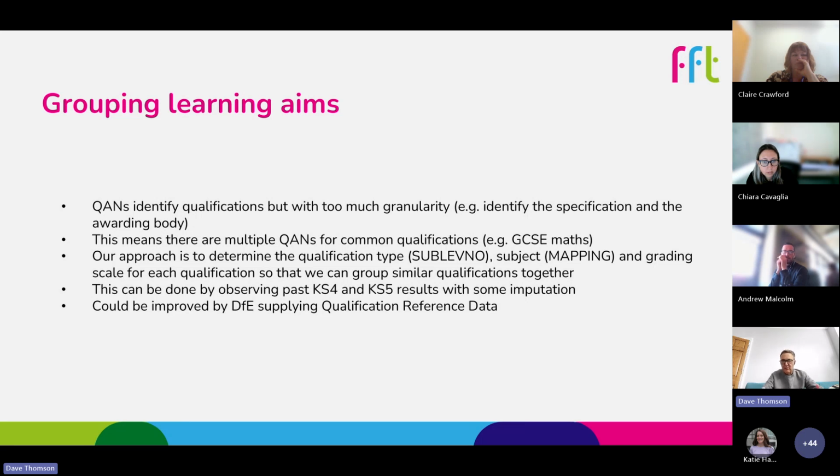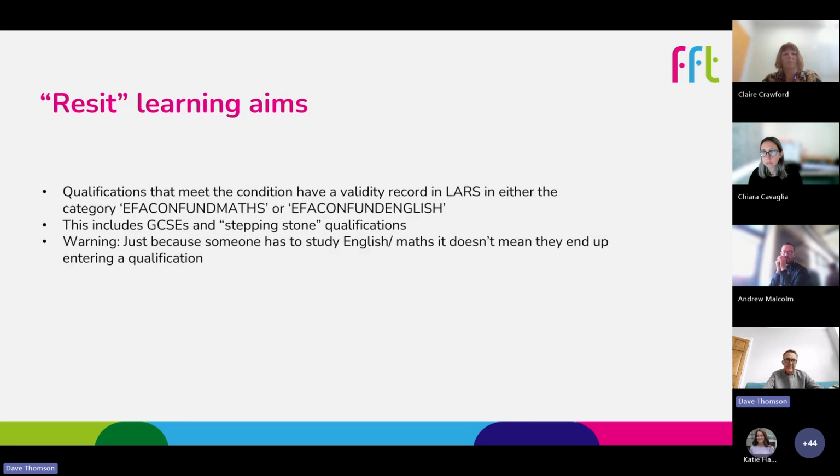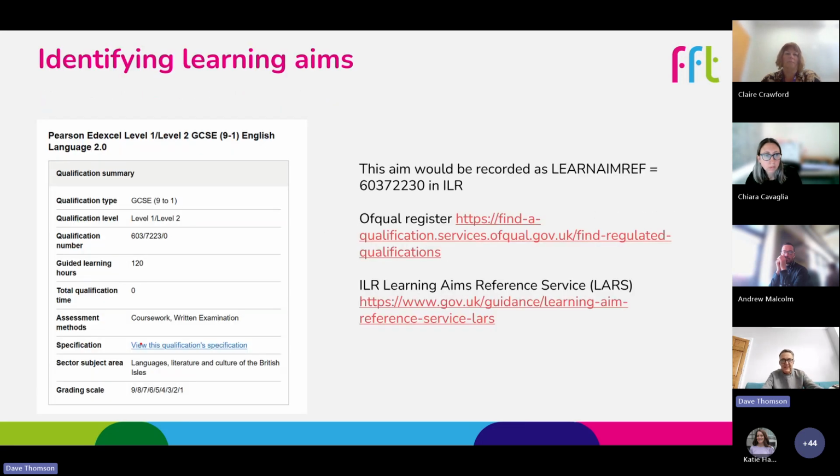And this means that there are multiple QANs for common qualifications such as GCSE maths. So if we go back to this particular example, what we're really interested in is the fact it's a GCSE in English language. We're not particularly interested in the board that's offered it or which version of the board's qualifications it is.